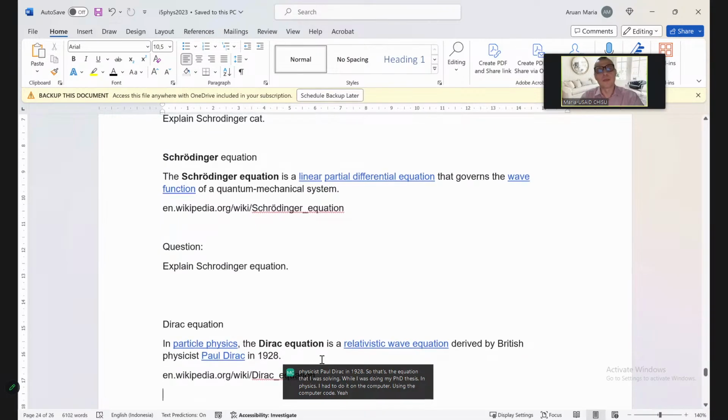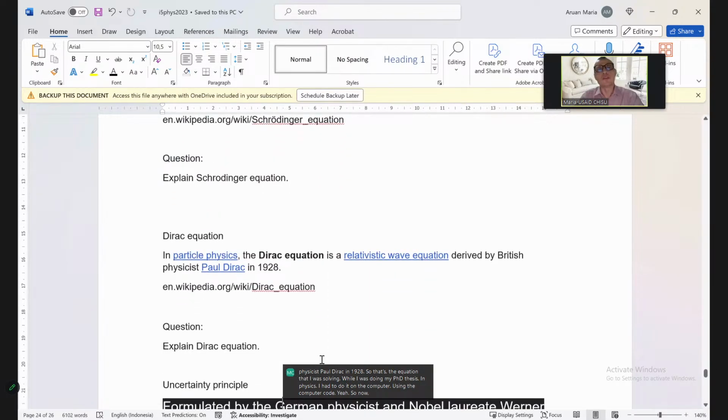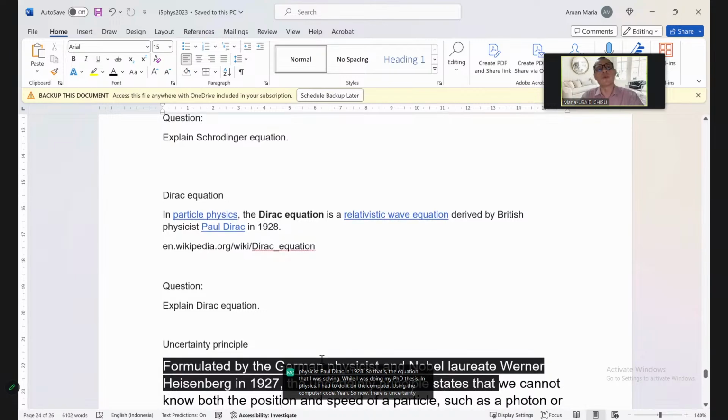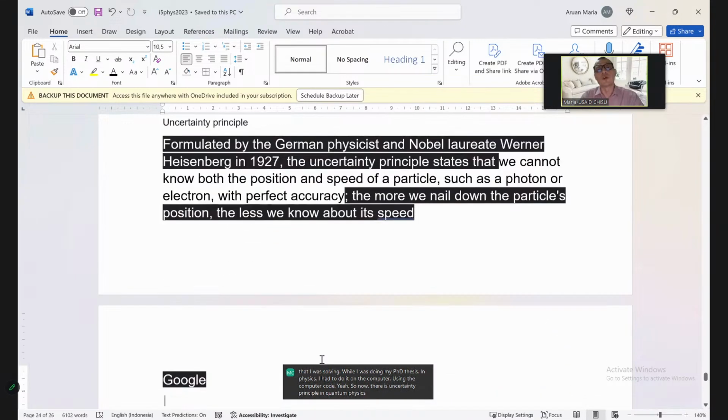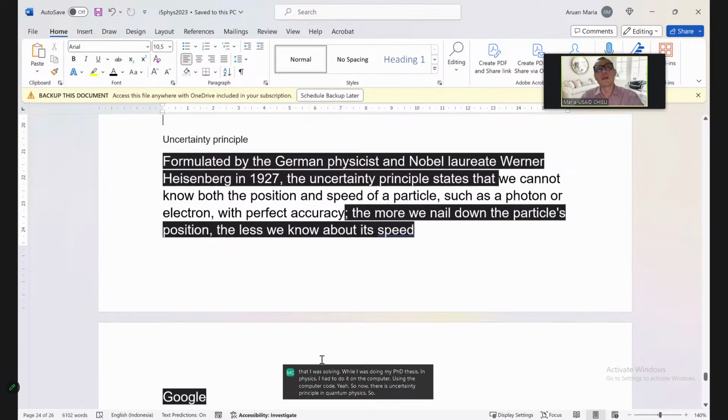Yeah. So now there is the uncertainty principle in quantum physics. It's Heisenberg's uncertainty principle. It states that we cannot know both the position and speed of a particle, such as a photon or an electron, with perfect accuracy.